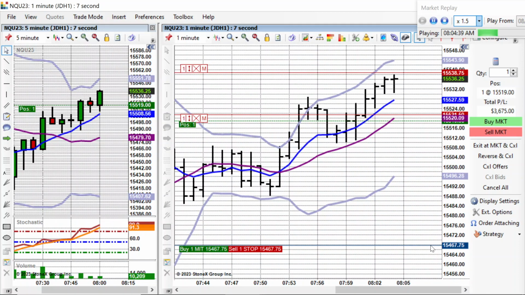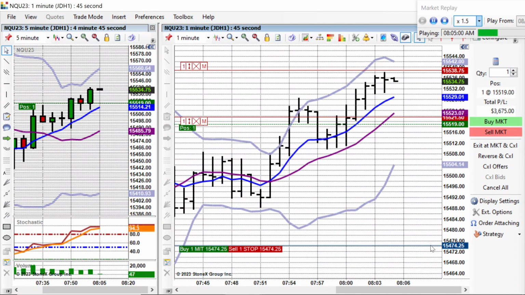Come on, just do it. Just do it. It wants to hit that target. Oh boy. It's almost like it has a consciousness. It knows that you're watching it.